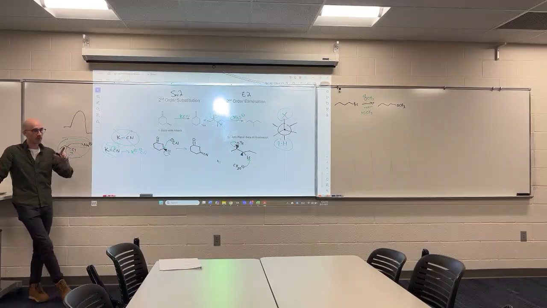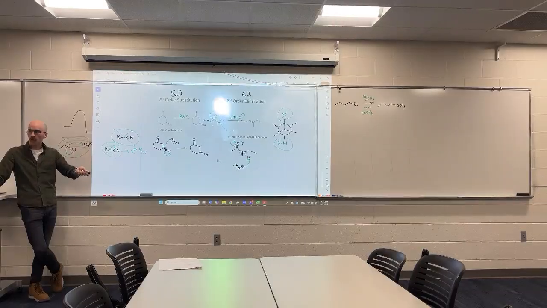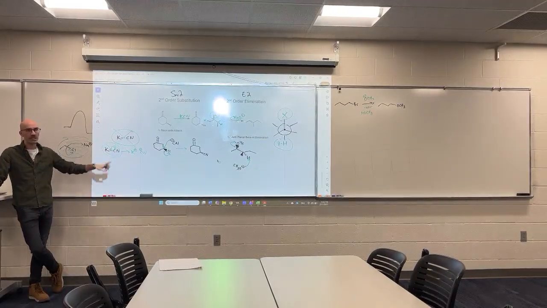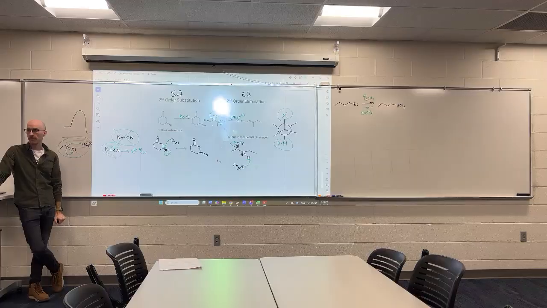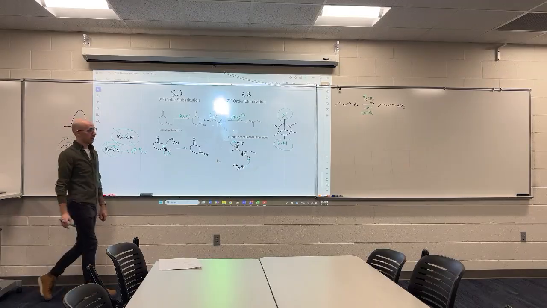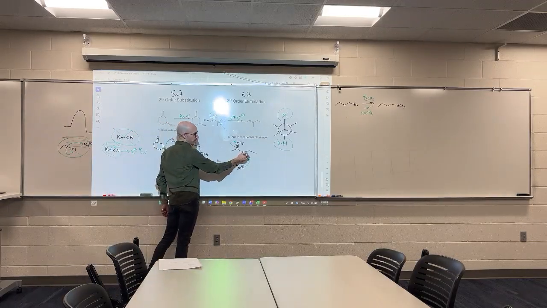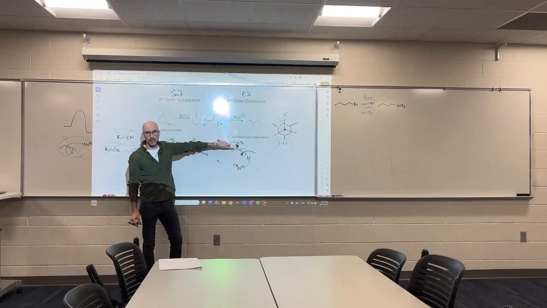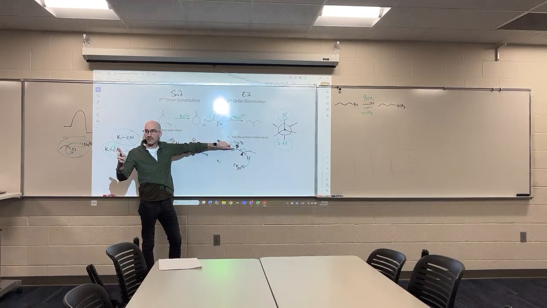Remember, bonds form from the more negative atom. Who owns the electrons, C or H? C, more electronegative. So carbon takes the electrons from C to H, shares them with its beta carbon who is losing a bond. That's both the breaking of C-H and the forming of the C-C pi bond.